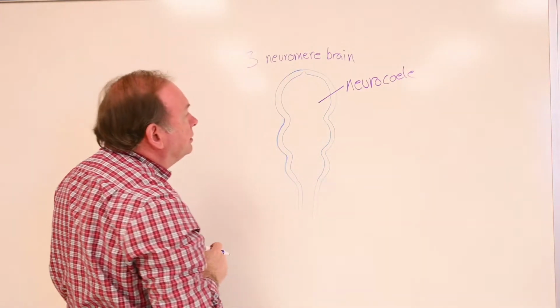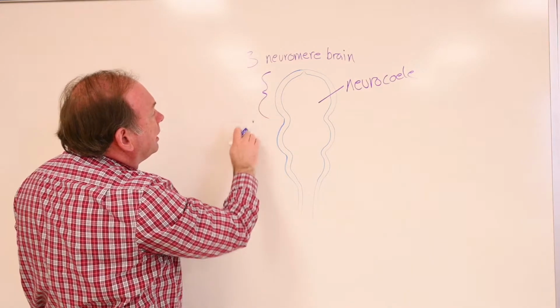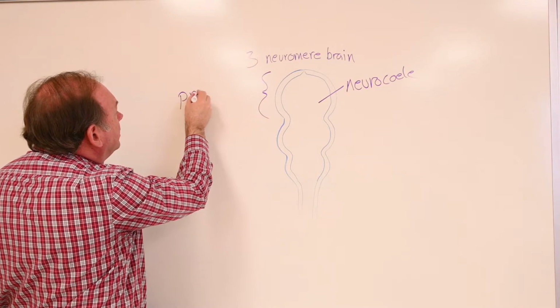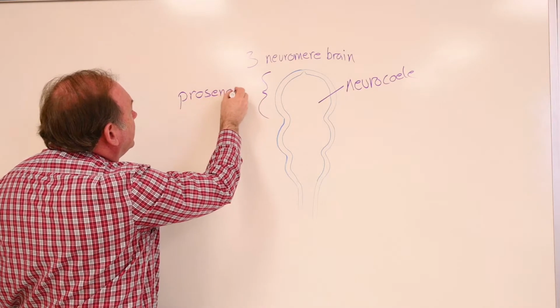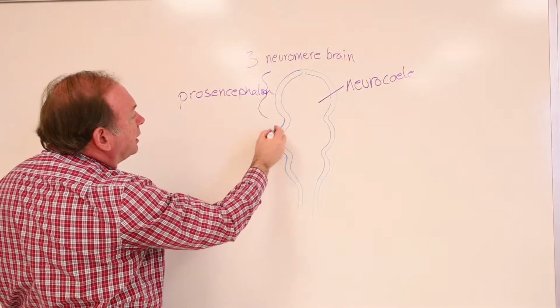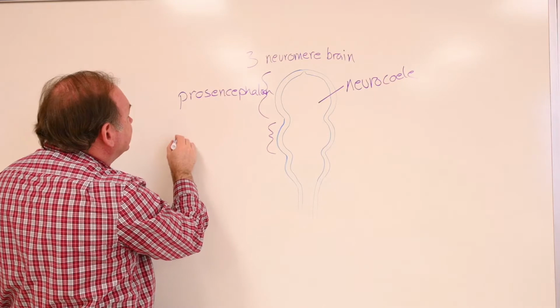The neurocoel. This front part of the brain right here, in the 3 neuromere brain, is called the prosencephalon. The next segment of the brain right in here is the mesencephalon.